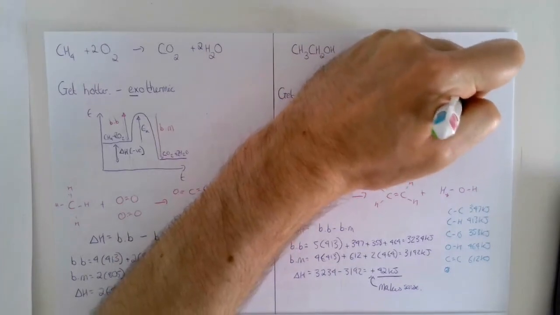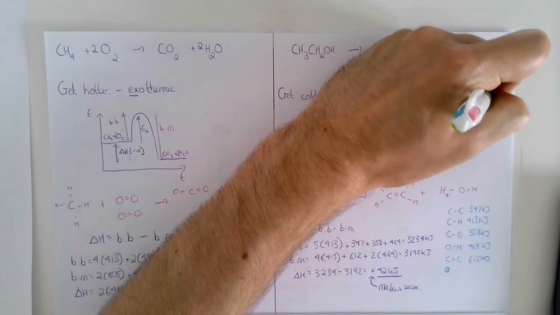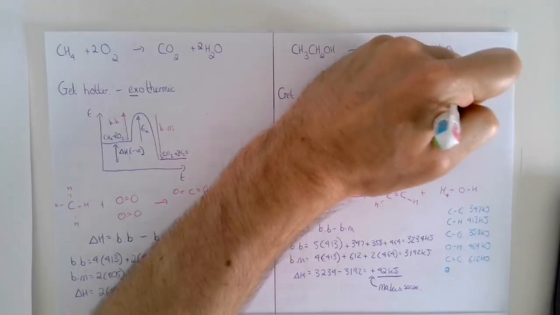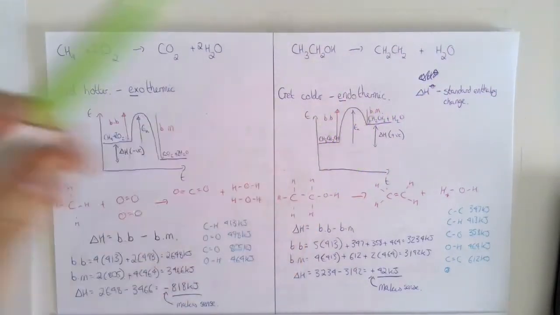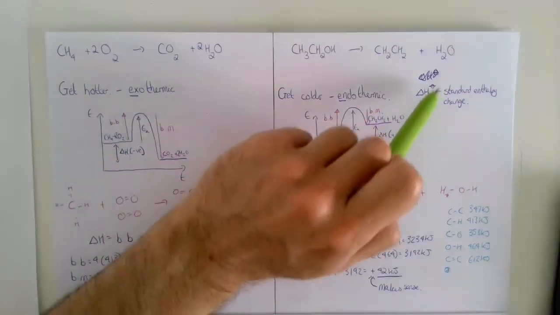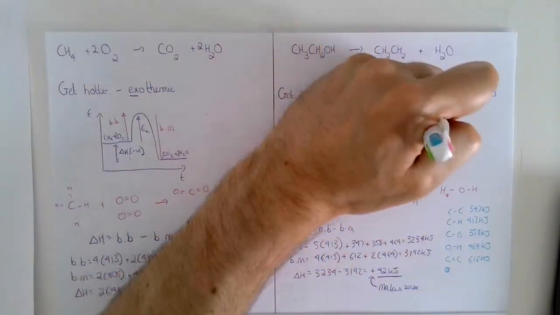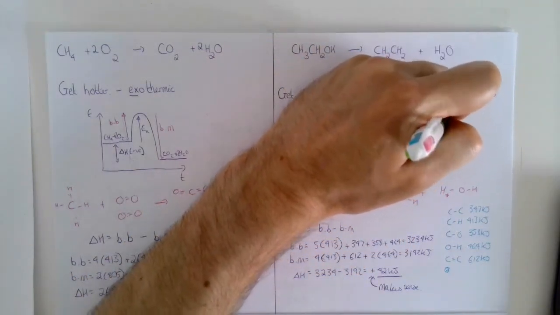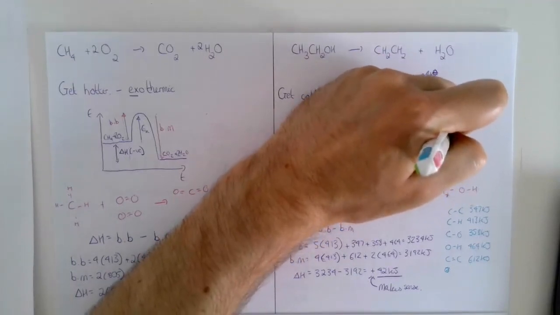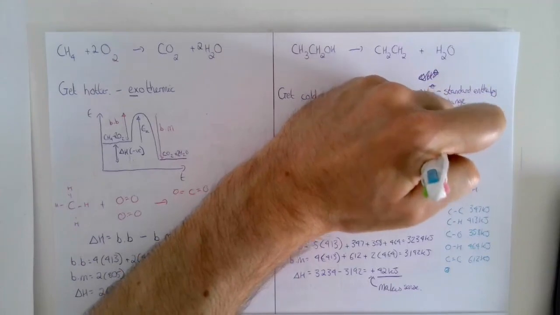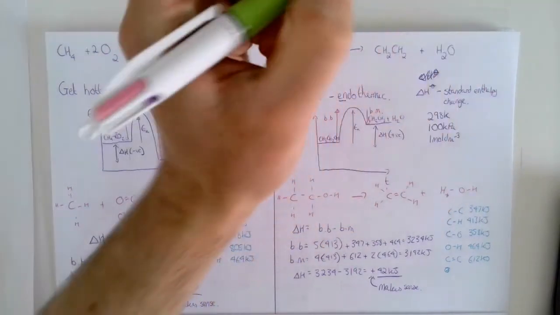Probably better to use the term standard enthalpy change for this. Which would represent that gap there or that gap there, done under standard conditions. So you should remember standard conditions are 298 Kelvin, 100 kilopascals of pressure, and then if you've got any solutions, they need to be 1 molar concentrations.